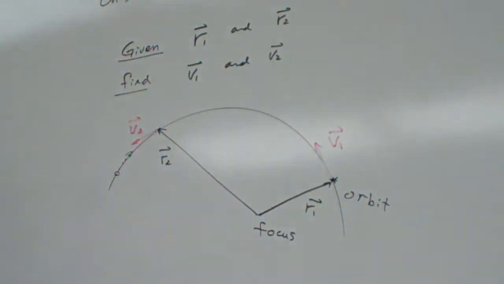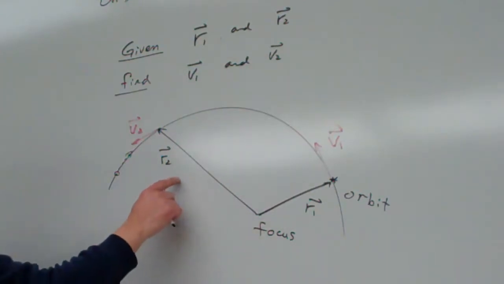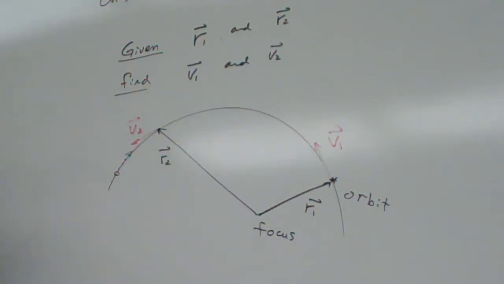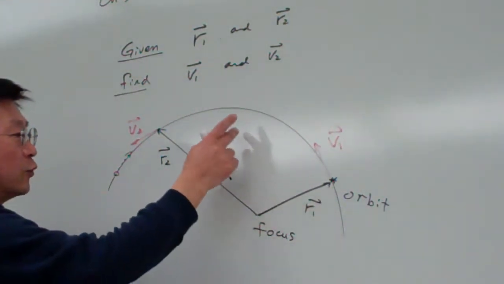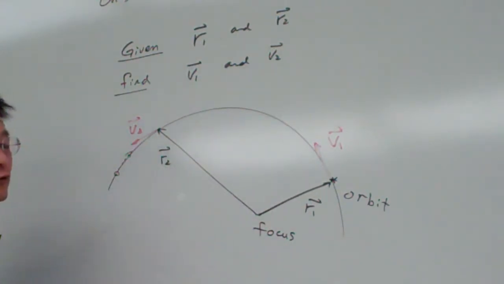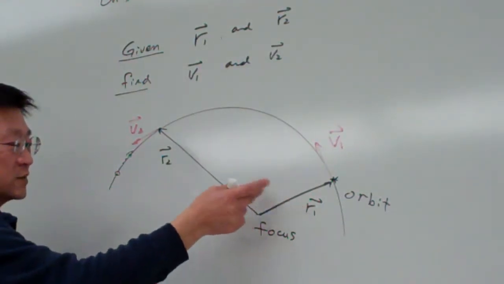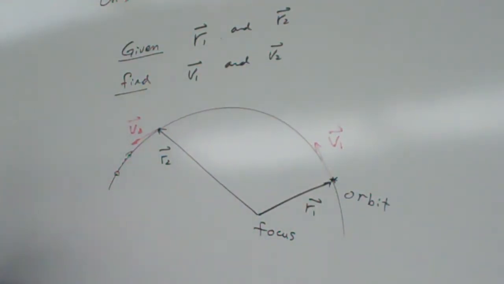Okay. So for the general problem statement, again, we are given R1 and R2, and we don't know what kind of orbit will constitute R1 and R2. That's the first question. The second question is whether a unique orbit exists to constitute R1 and R2. We don't know yet. This kind of question is usually more challenging than the calculus problems.